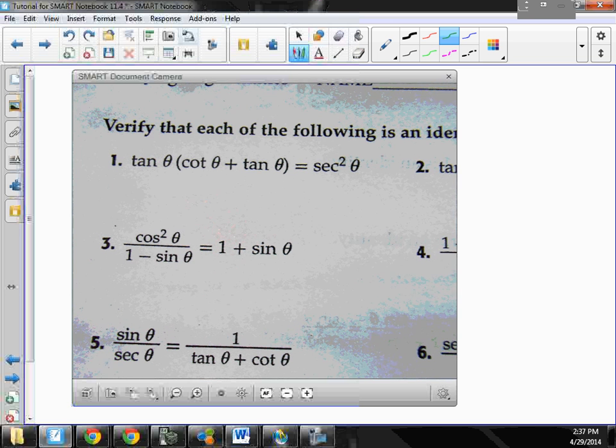Number 1, we want to prove that tangent of theta times the cotangent of theta plus the tangent of theta equals the secant squared of theta. One thing that is a good idea is to look at your answer and say, does that answer show up on one of the reference sheets?